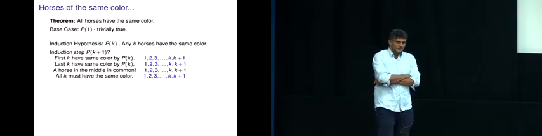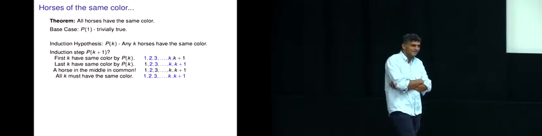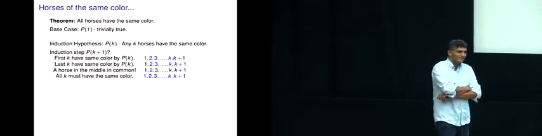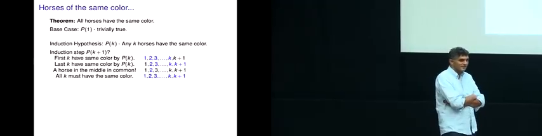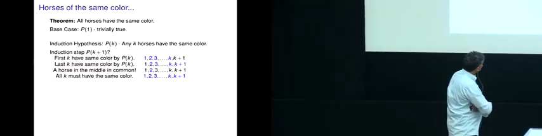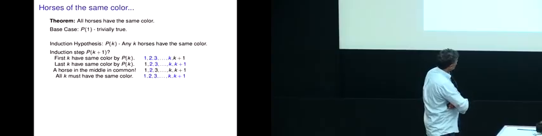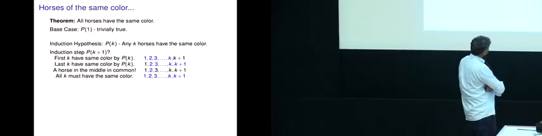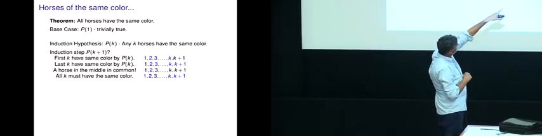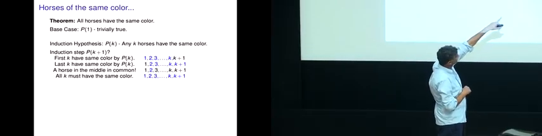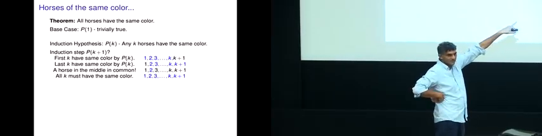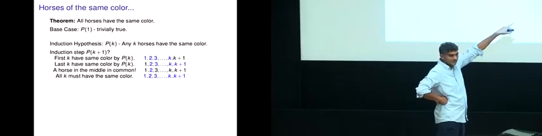We know horses aren't all the same color. So what I said, in the second line here, is that 2 is blue and K plus 1 is blue. That's what I argued.